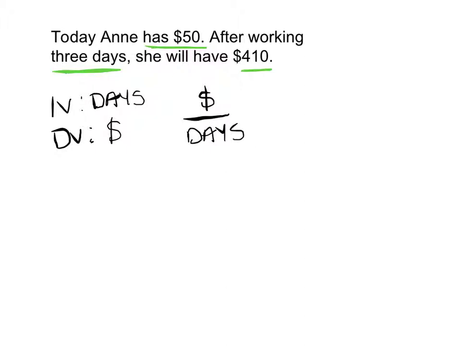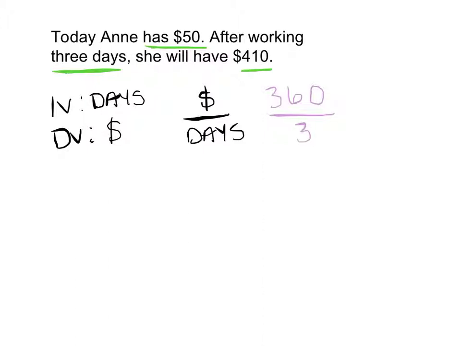So let's read Anne's situation again. Looks like Anne has $50 right now, and then later her money becomes $410. So we need to find that difference. How much did her money change? It changed by $360. Now we need to do that over the change in the days, and it was 3 days, so it's over 3.